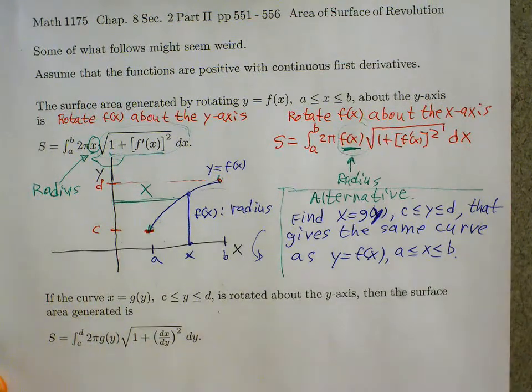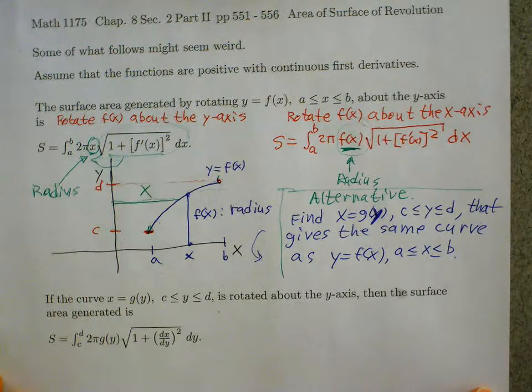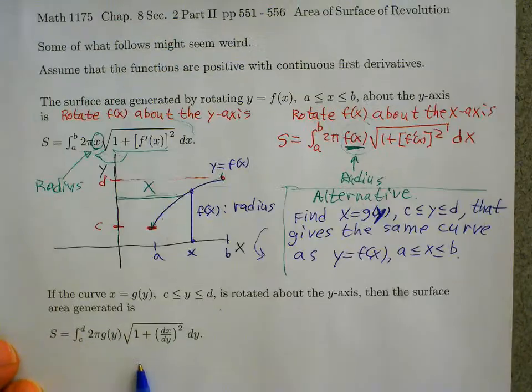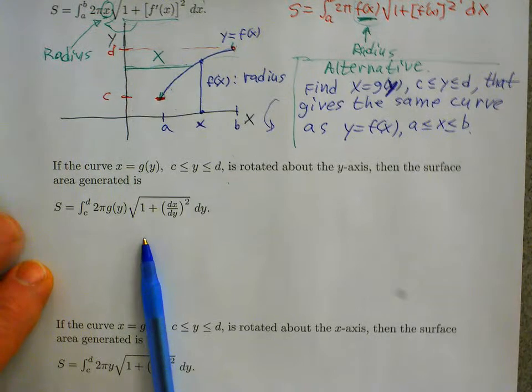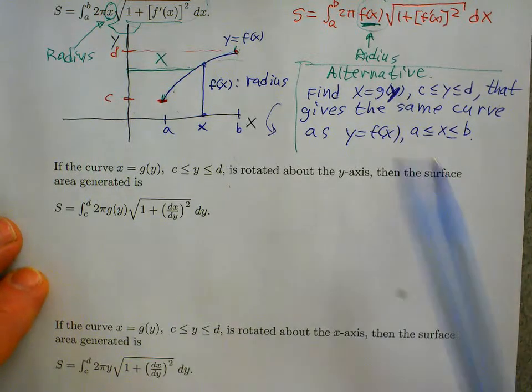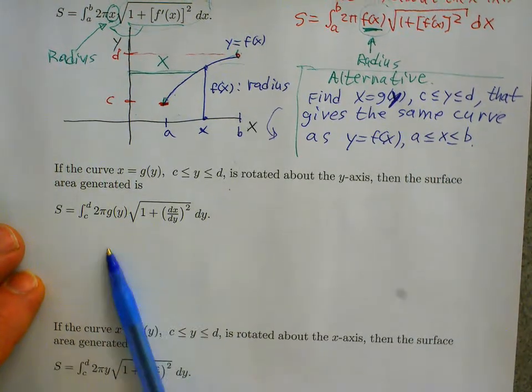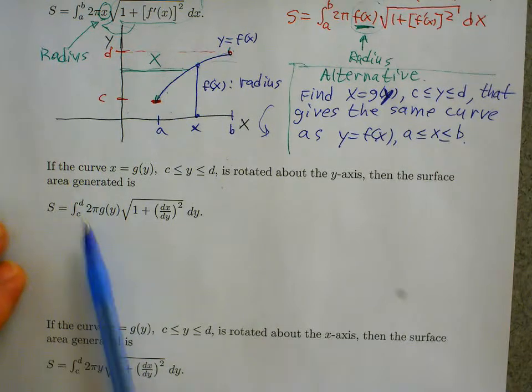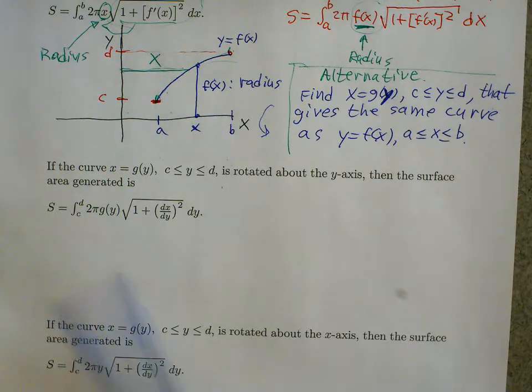Okay, then if we succeed in doing that, I'll just show you this formula, which is what we would do if we didn't have to make that transformation. This corresponds exactly to the original situation.